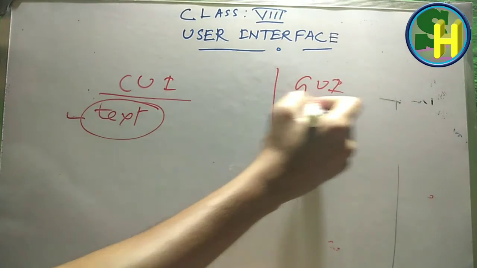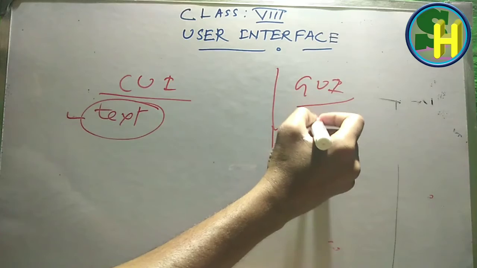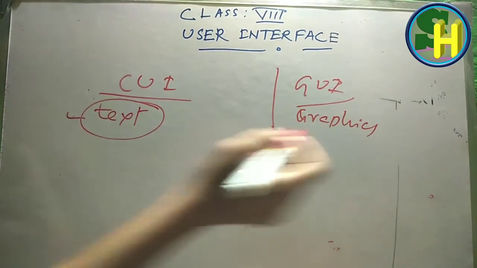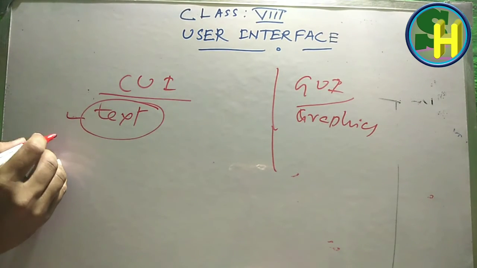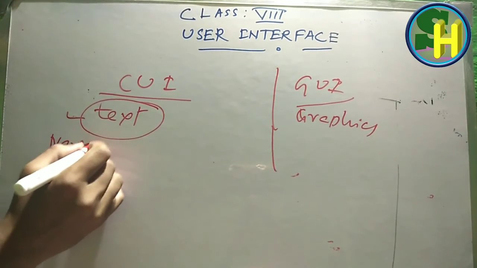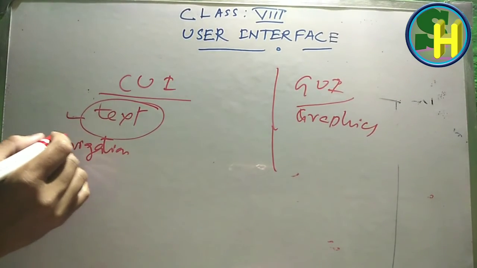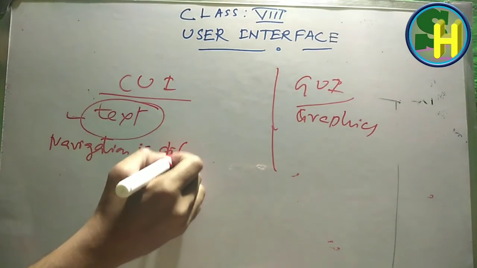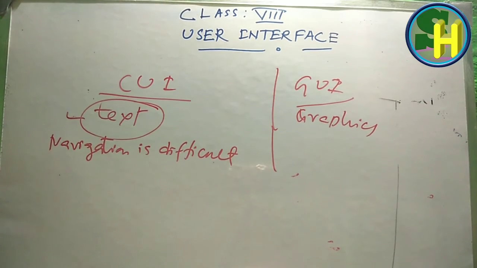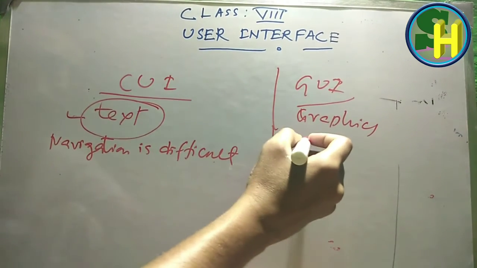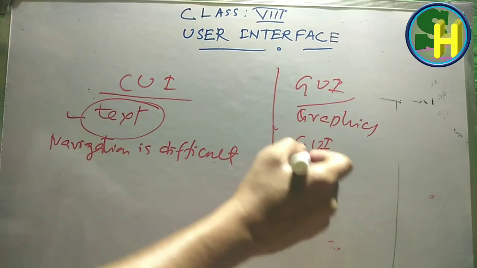But here, the computer uses graphics like images and icons. In CUI, navigation is difficult. That means you cannot move from one place to another place; you simply write down the codes. But in GUI, you can go anywhere through your mouse pointer.